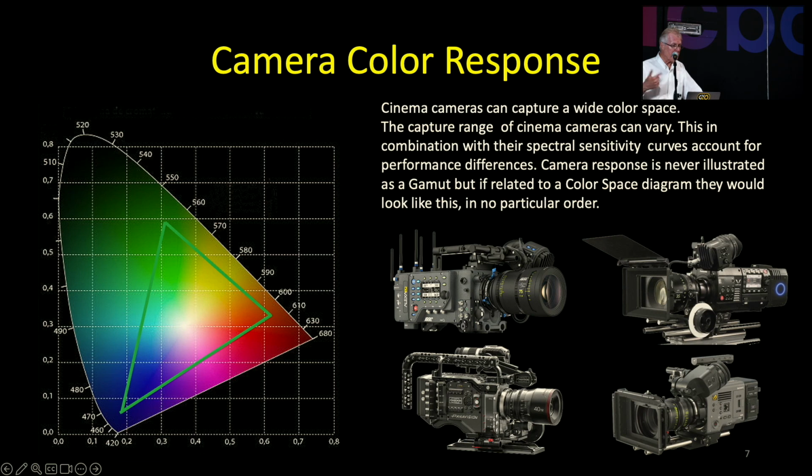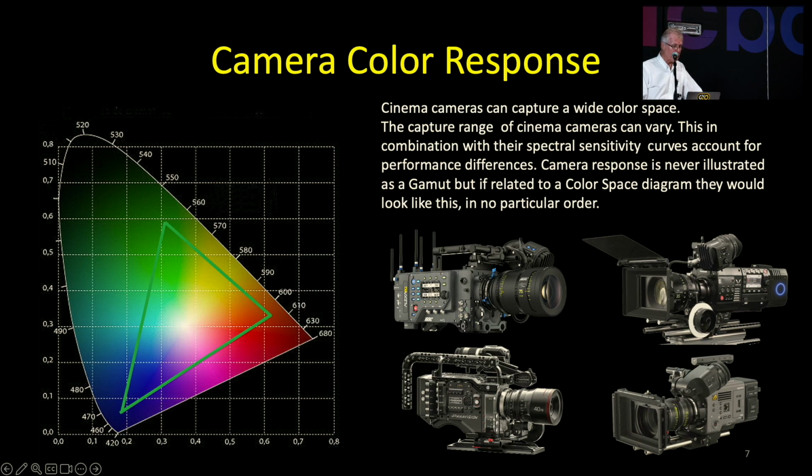Now, one of the interesting things was camera response. We've done a lot of research on trying to model cameras, and we do know that they see light differently. Now, you never really apply a response or talk about a camera response as a gamut. We don't do that. For that reason, you won't find anything online that refers to camera gamut. But since we know the response of the camera, you could actually plot it much the way you would a gamut. So we went through this exercise just for the sake of curiosity.